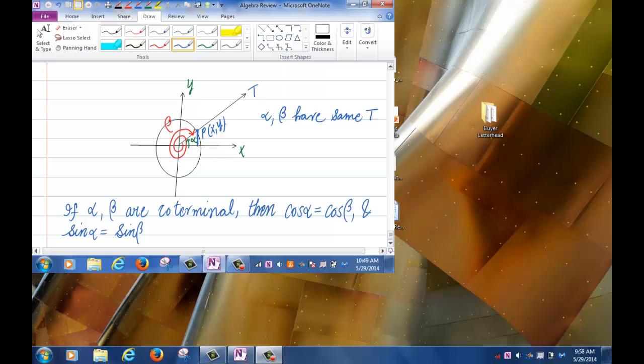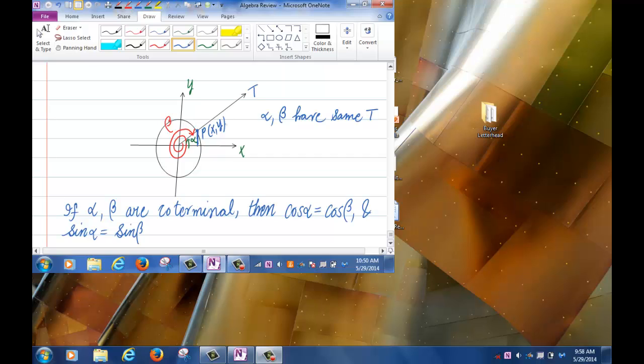From there you make a vertical line to the x-axis, right? That's how you get the opposite and the adjacent. So again, the second coordinate of the point P tells you the sine value. The first coordinate tells you the cosine value.